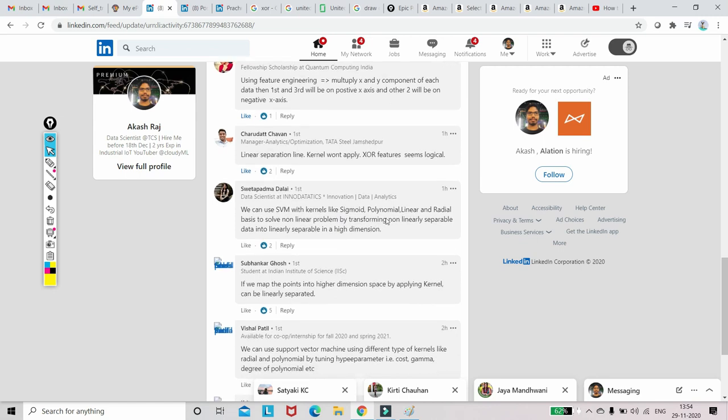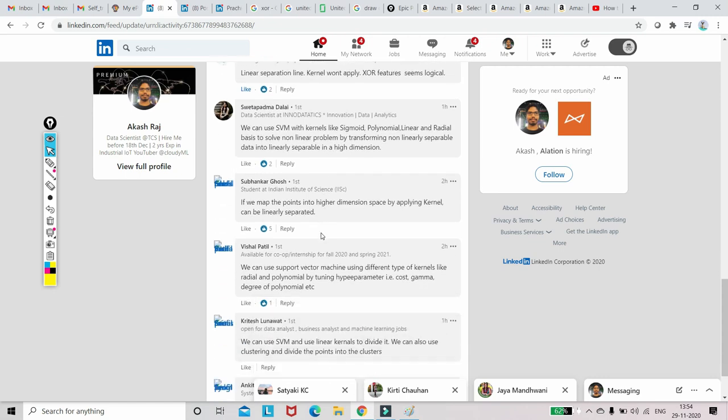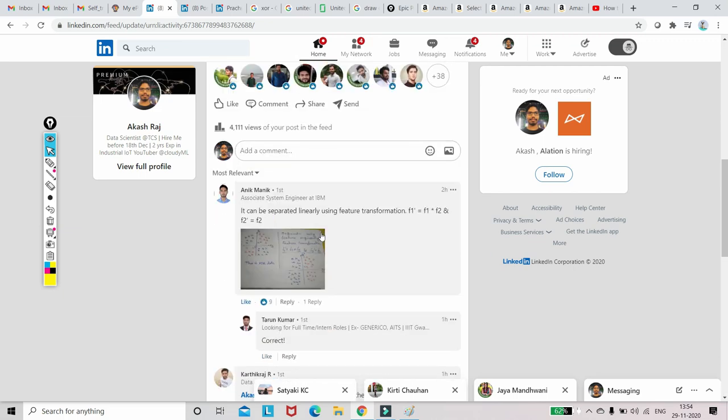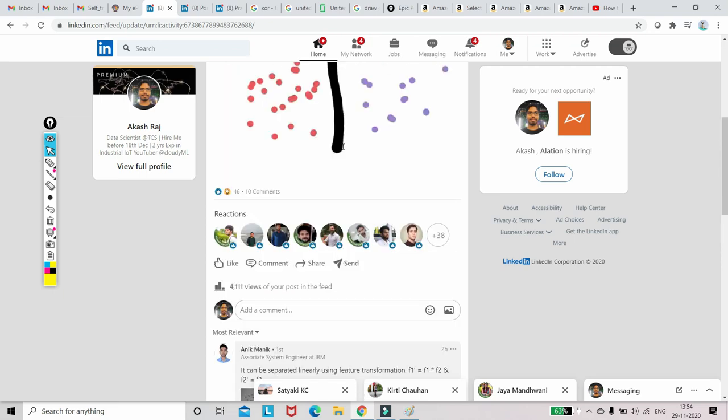People are saying a radial basis function can solve the linear problem by transformation. It seems possible, but I'm not sure, so I can't comment much. Apart from this, it's a very simple step, feature engineering, and you can use logistic regression and do it. Many people have given this answer, so it's quite an interesting one.